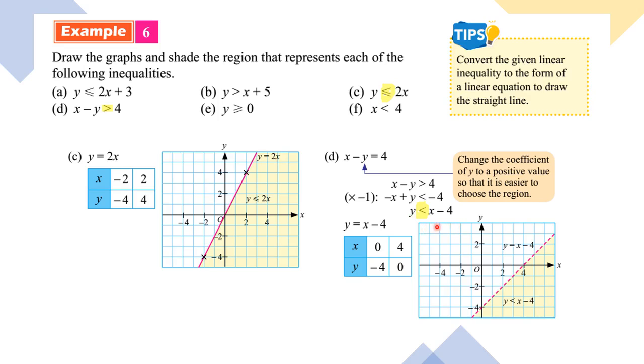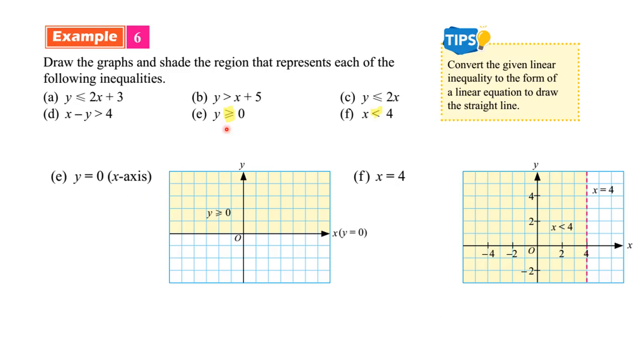Based on this inequality, we construct a table, plot the points 0, -4, and 4, 0, join them with a dashed line, and shade the region below the straight line, based on y is less than x minus 4.